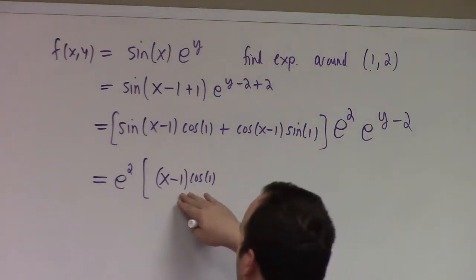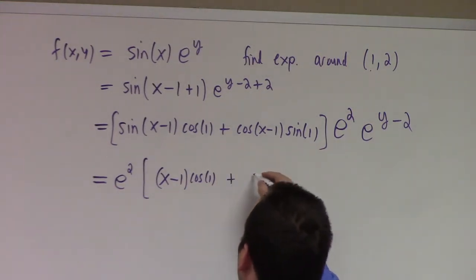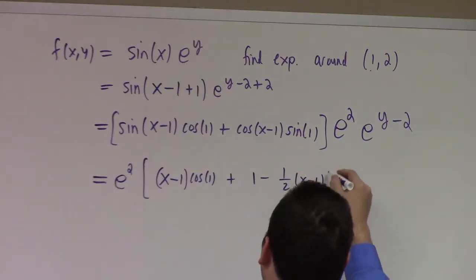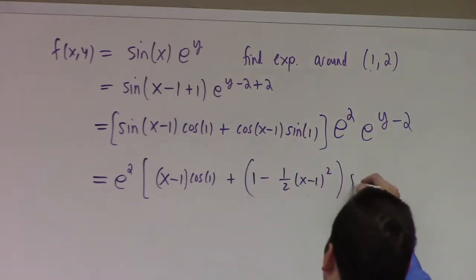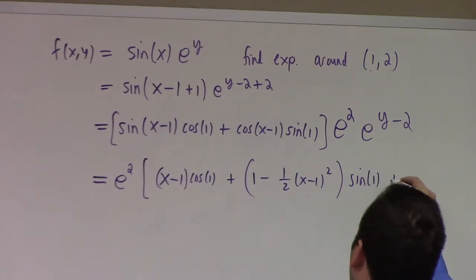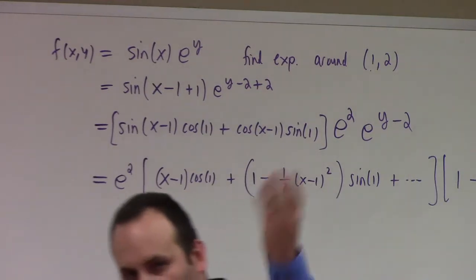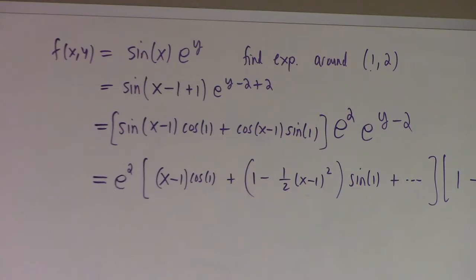So x minus 1 cosine of 1, plus 1 minus 1/2 x minus 1 squared times the sine of 1, plus other stuff, times 1 minus y minus 2 plus 1/2 y minus 2 squared. And you just multiply and collect the terms up to quadratic order. No differentiation, just algebra and trigonometry.